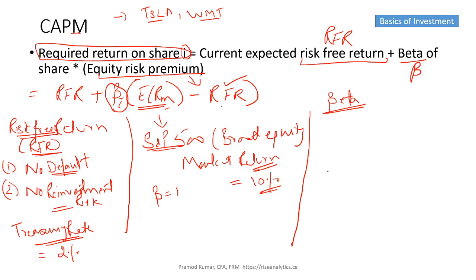What beta is saying is how much market exposure the company has in relation to the market. So let's assume my market is going like this, for my beta of 1.